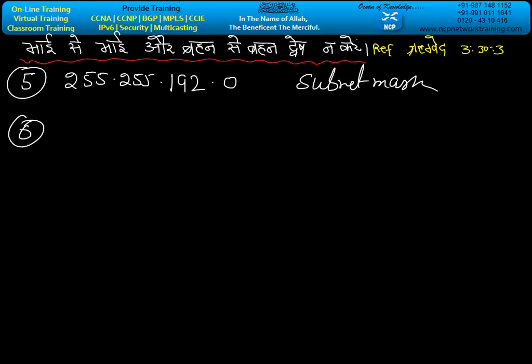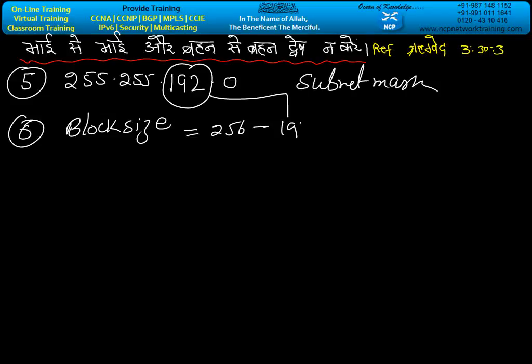Step number 6, block size. We have discussed 3 methods of the block size, and you can choose any method. The block size will be 256 minus, deduct this value 192 from here, and it will come out 64.